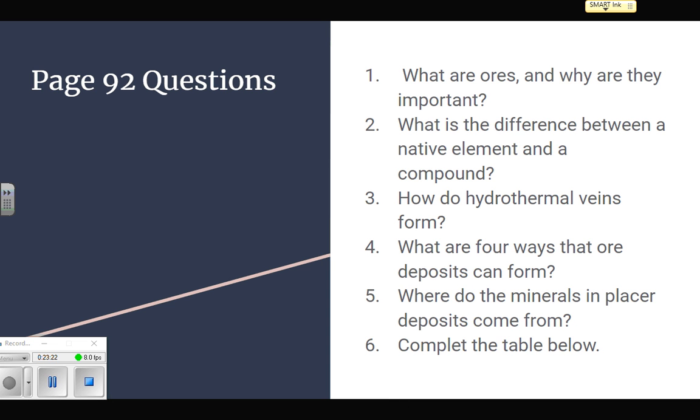Question 6. Answers can be found on page 91. For subsurface mining, description: miners take minerals and rocks from underground.